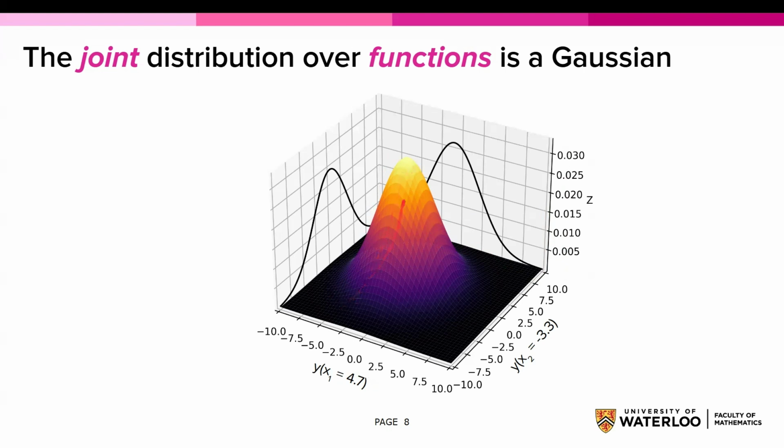And then the spread of the surface indicates the uncertainty or variance in these function values. Because the joint distribution is Gaussian, it has this nice bell-shaped contour that smoothly falls off from the peak. And as we saw before, the joint distribution is constructed by multiplying the individual distributions together, which are shown by the black curves behind this surface plot.